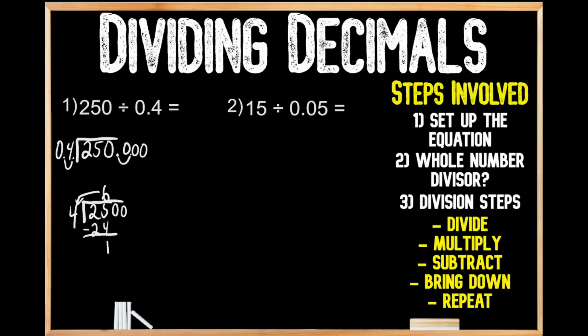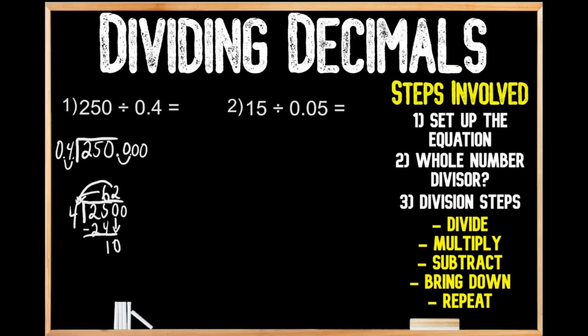Now we're going to bring down the number that's immediately to the right of the place that we've just divided, giving us 10. So now we're going to repeat this process, except this time we're going to be dividing 10 by 4, or we're thinking, how many groups of 4 can we make out of 10? We know that we can make 2 equal groups of 4 out of 10, so we're going to write our 2 up top, and then just like we did before, we're going to multiply.